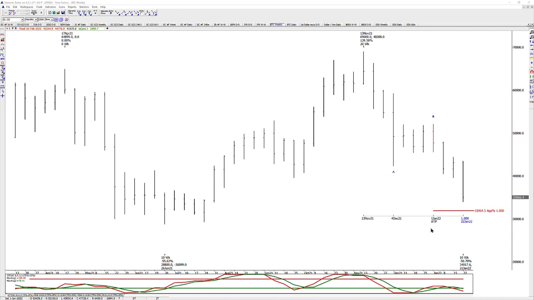What else is interesting here? Well, we also had the 100% alternate time projection, not just of this major cycle, but also of this 4-week decline, and then 4 weeks from the last cycle high is this past week. That's the 100% alternate time projection as well. And if we measure this in price, the 100% alternate price projection is just below the low of the last week.